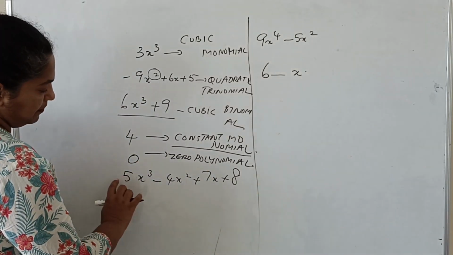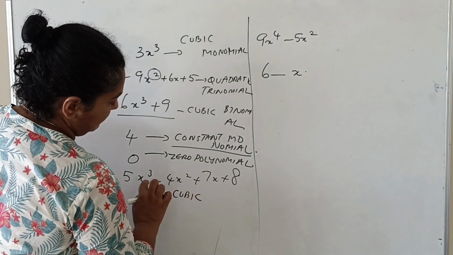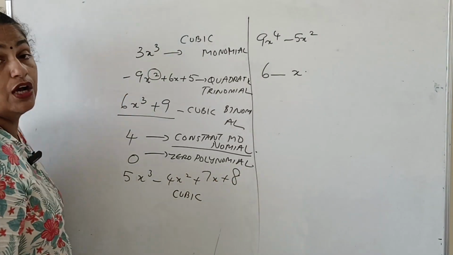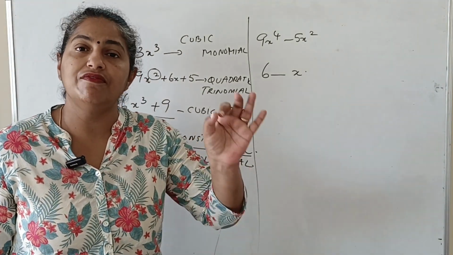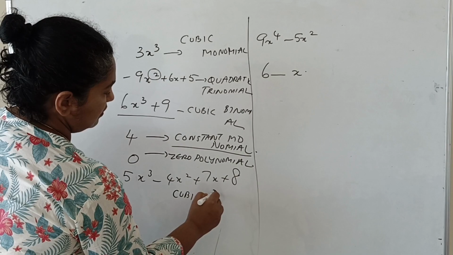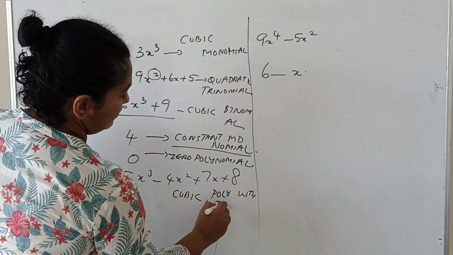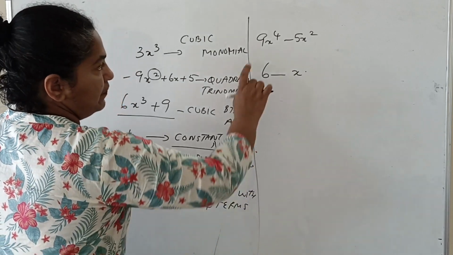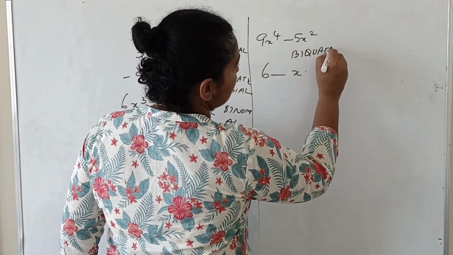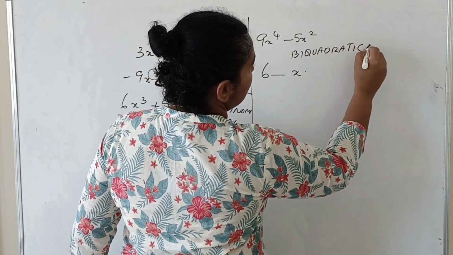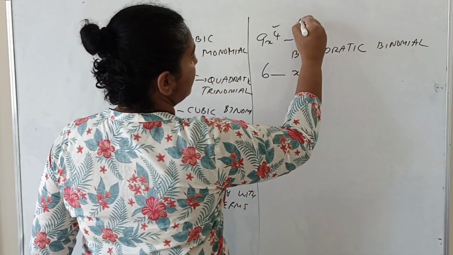Okay. Here, highest power is 3. It is a cubic. How many terms are there? 4 terms. So you say it's a cubic polynomial with 4 terms. This is a biquadratic binomial. 2 terms.